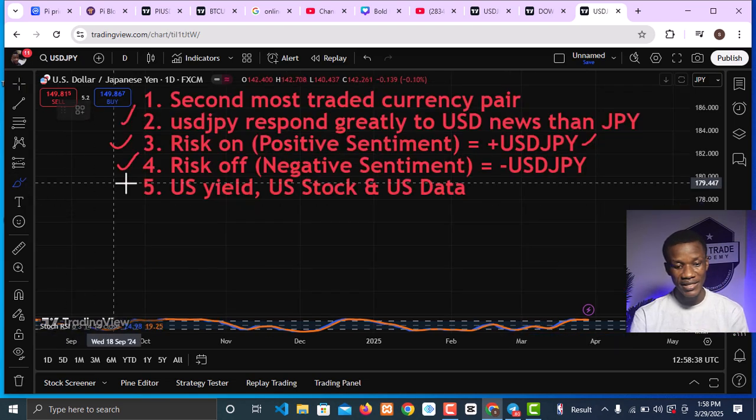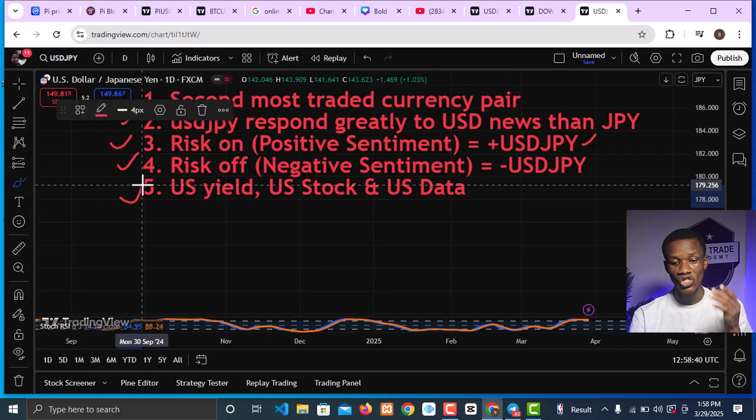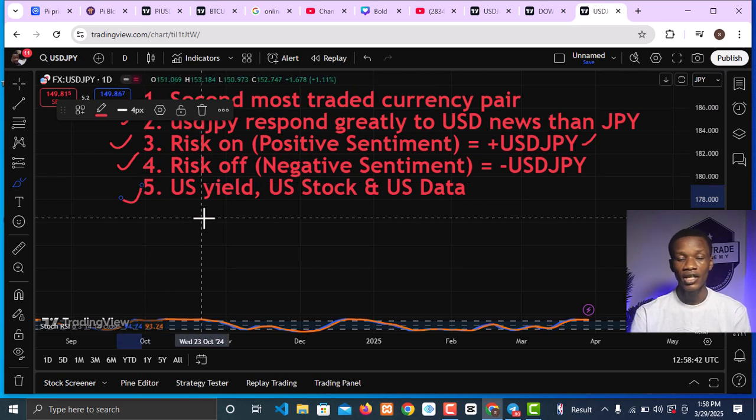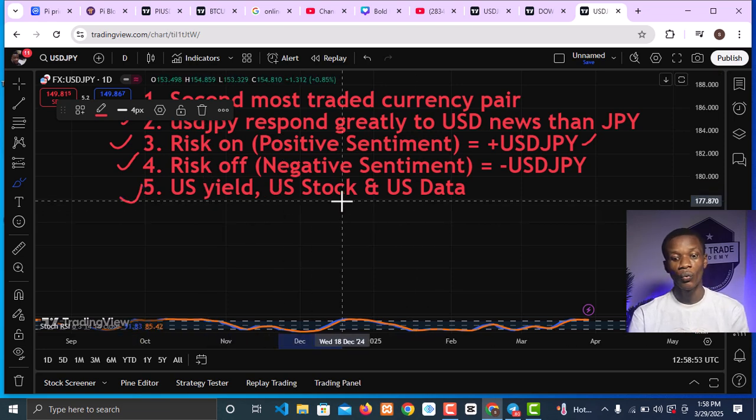The next one is US yield, the stock market and US data. If you look at the 10 years US yield, it is discovered that it correlates very well with the USDJPY. So pay attention to it. And then the US stock, when the US stock is booming, when there is bullish sentiment, the market is moving upward, everything is parabolic, it means that USDJPY is going to move upward as well.